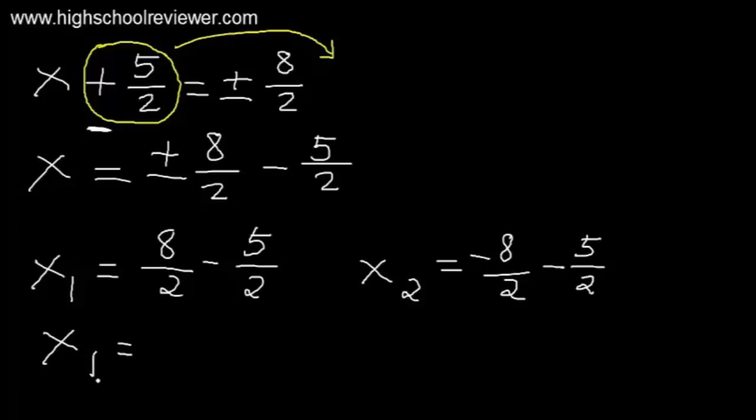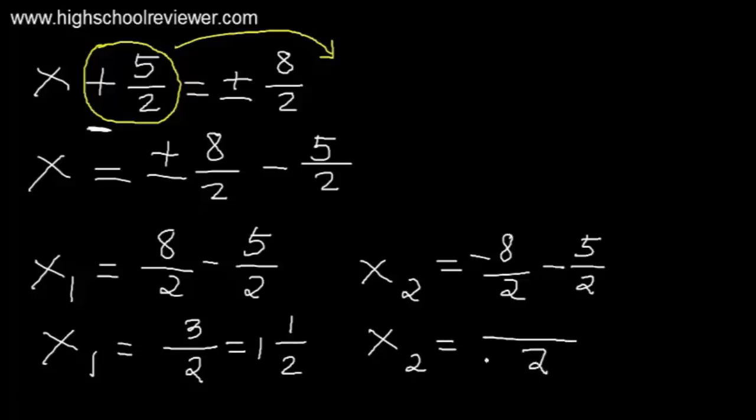X sub 1. Now since we have the same denominator, copy the denominator and then subtract the numerator. So 8 minus 5 is 3, or this would be 1 and 1/2. Our x sub 2 here, copy the denominator, which is 2, and subtract negative 8 minus 5.